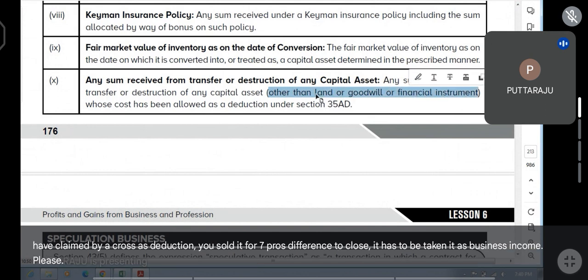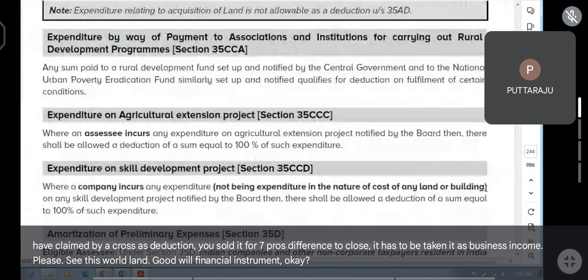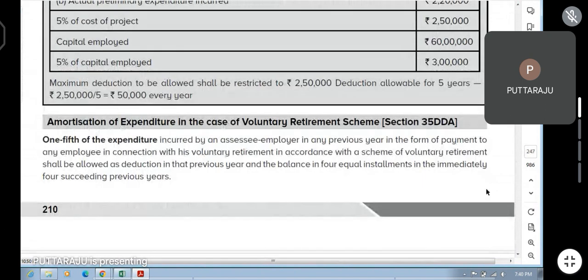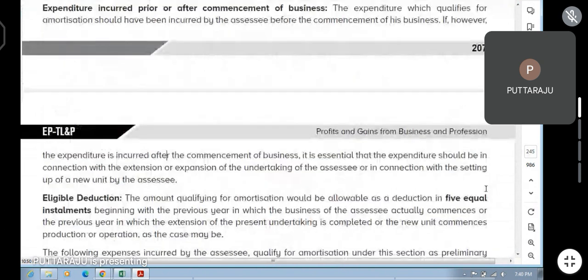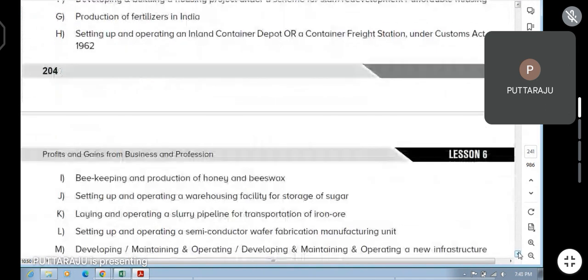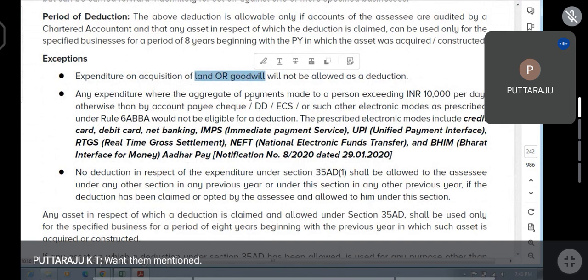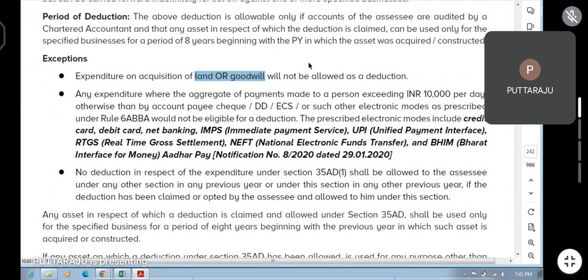Please see this word: land, goodwill, financial instrument. Please write financial instrument also.